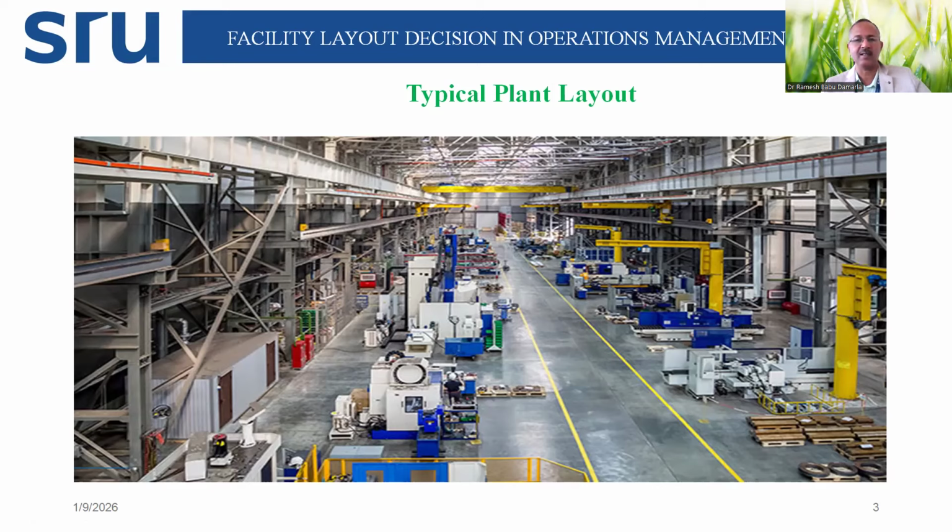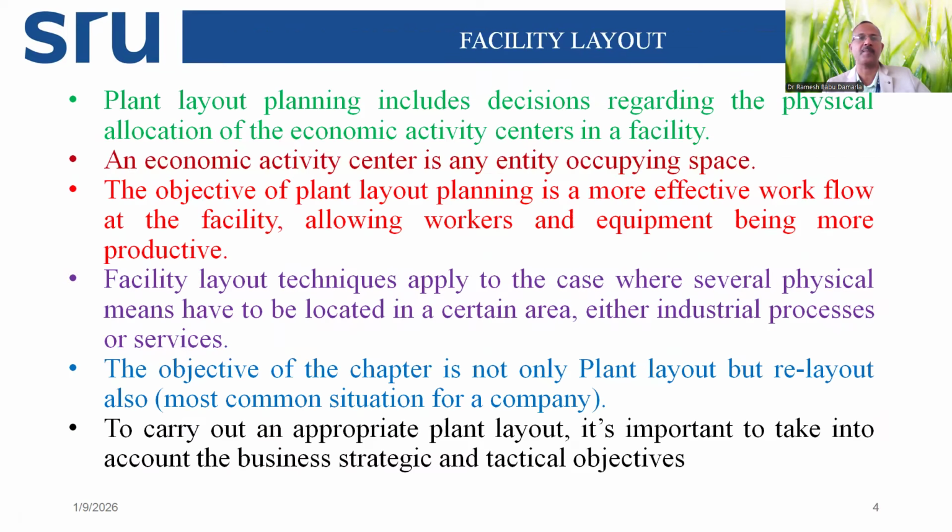And in this lecture series, we also will see various kinds of plant layouts suitable for job production, batch production, and mass production for various products. Now let's see the considerations for this facility layout decision. Facility, manufacturing, or plant are used interchangeably.